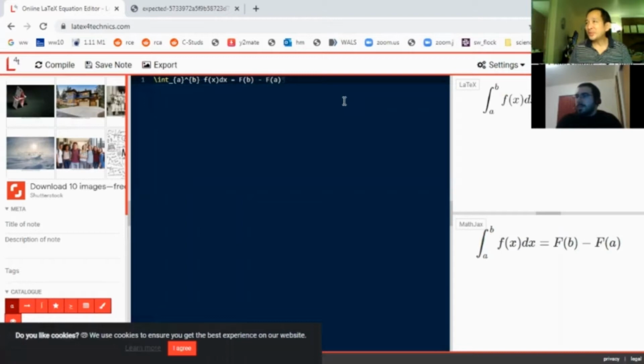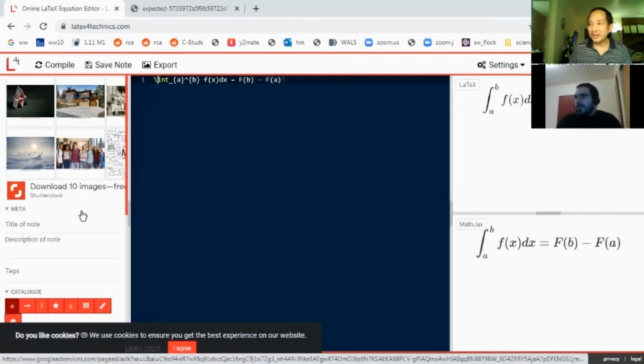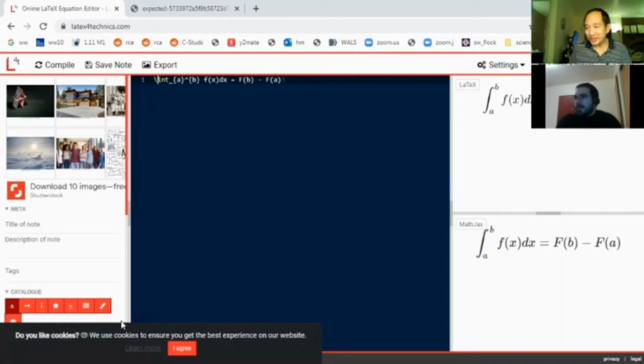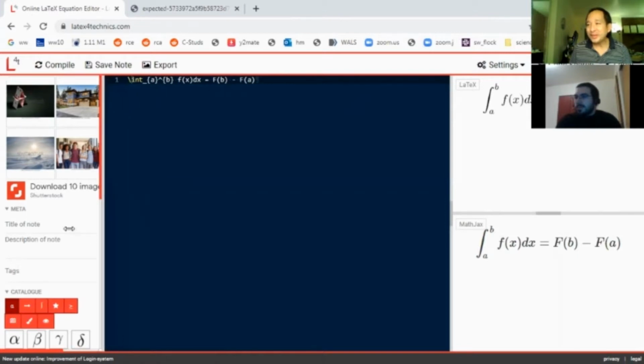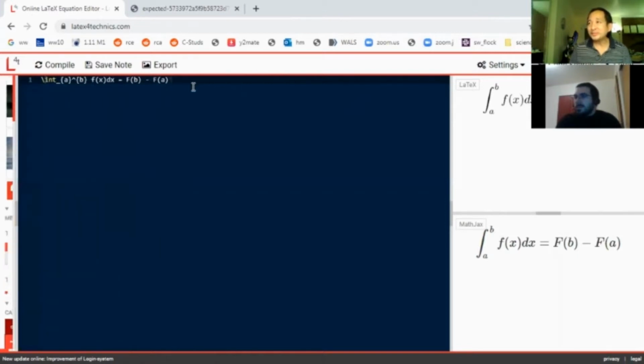So let me try this one. Oh, look. That's not the same algorithm, right? It's not. Okay. Let's see if I can get rid of that. Okay. So this is LaTeX for Technics.